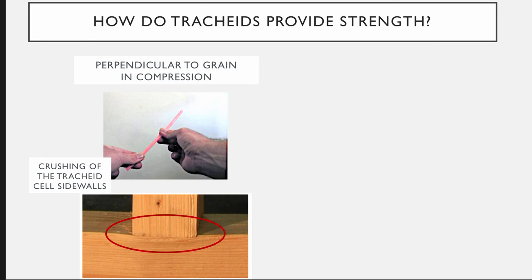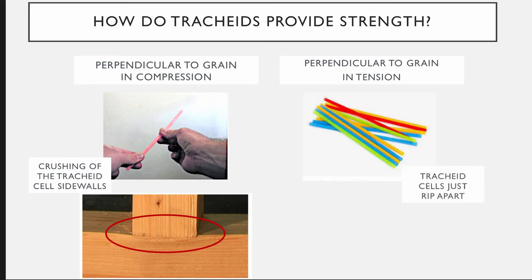And in fact, here our bottom horizontal member is being loaded perpendicular to grain, while the vertical member teeing in is parallel to grain. And you can see on our horizontal member that we are crushing, and we're literally just crushing the side walls.